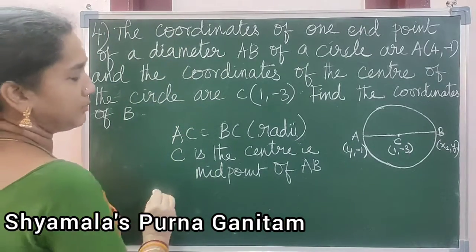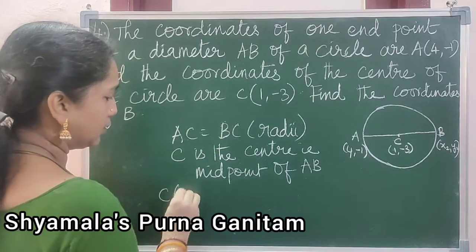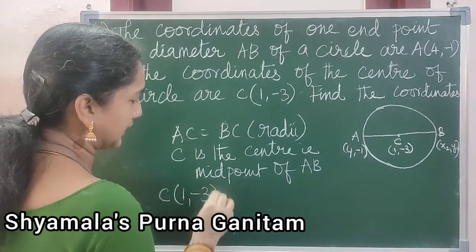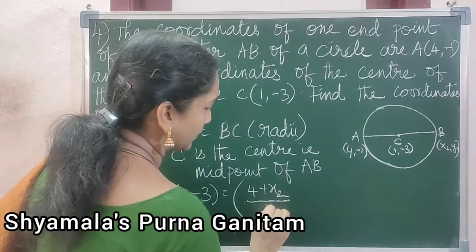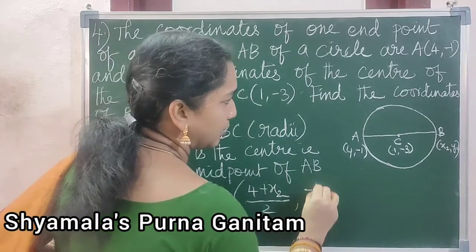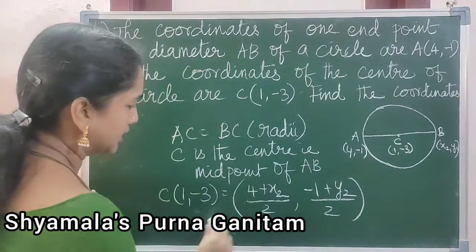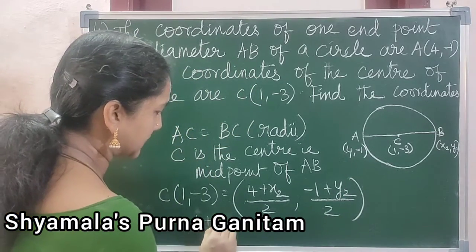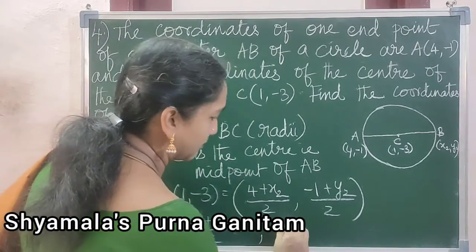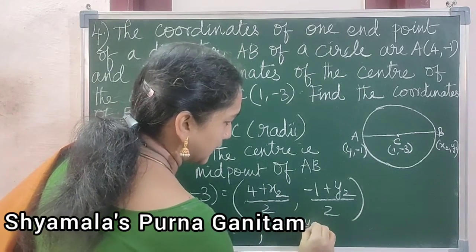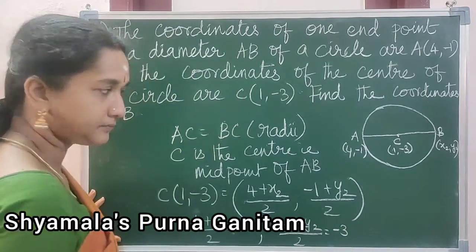So the midpoint of AB, that is 1, minus 3, is equal to x1 plus x2 by 2 and y1 plus y2 by 2. Okay, so this one is 4 plus x2 by 2 is equal to 1 and minus 1 plus y2 by 2 is equal to minus 3.